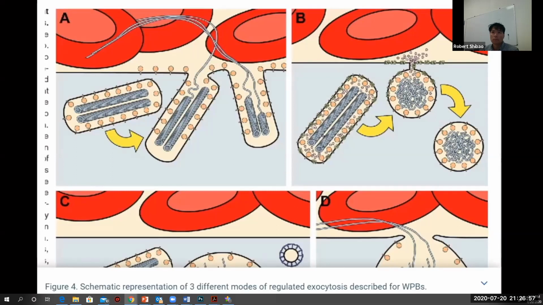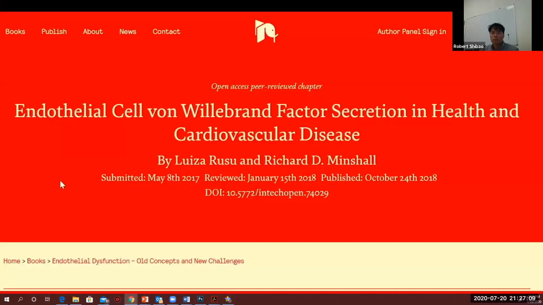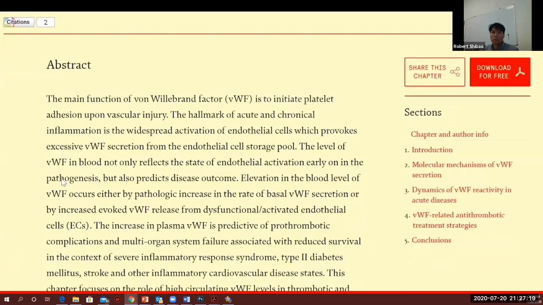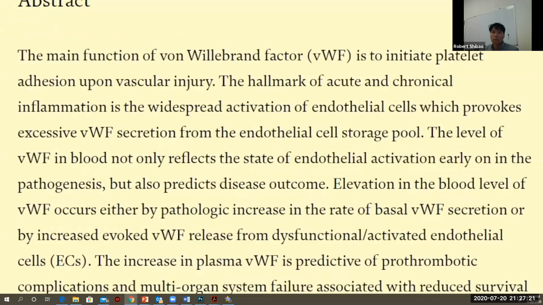When there's so much destruction of the endothelial cell, this von Willebrand's factor is released in high concentrations into the blood. Here's another article that was published in 2017 titled Endothelial Cell Von Willebrand Factor Secretion in Health and Cardiovascular Disease. And notice what it says here in the abstract. The main function of von Willebrand factor is to initiate platelet adhesion upon vascular injury.